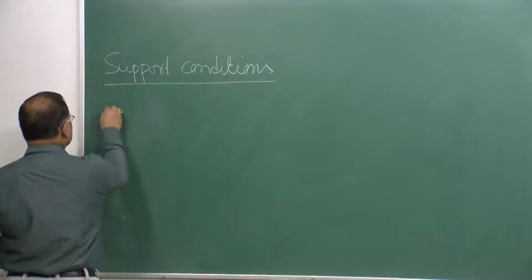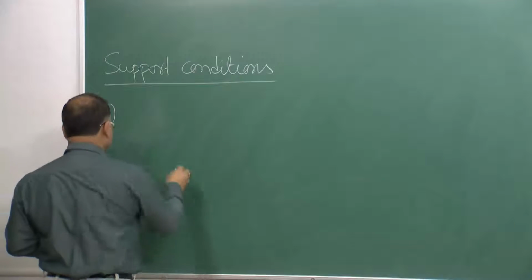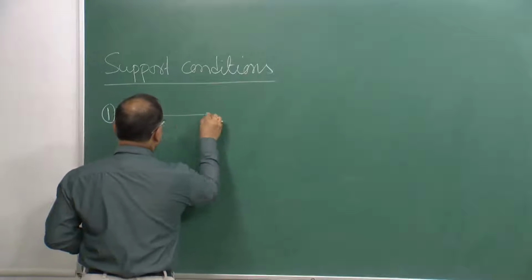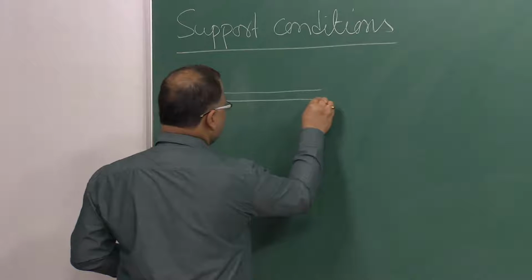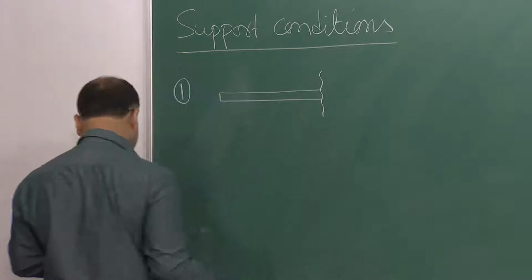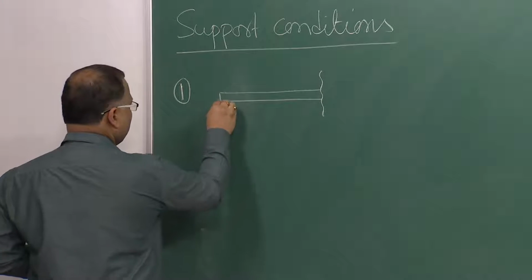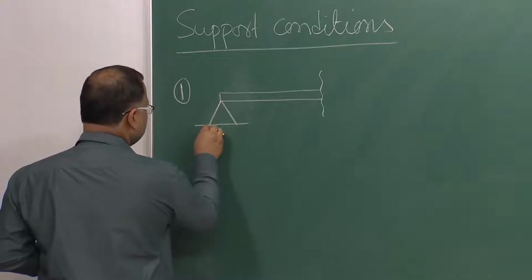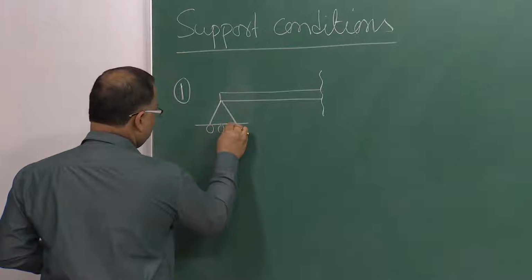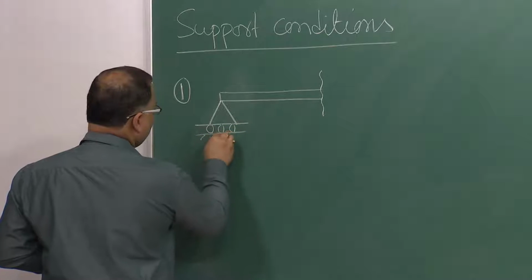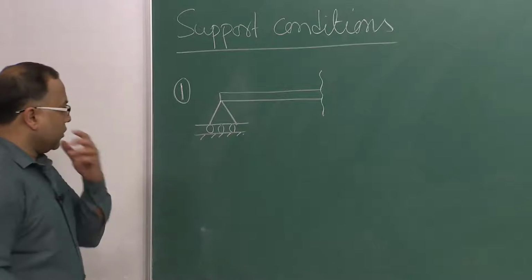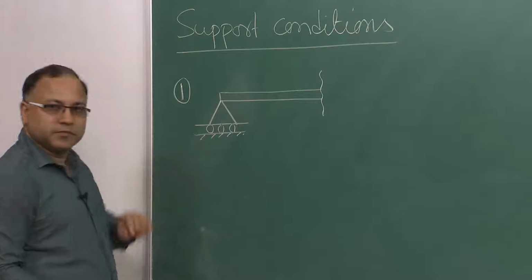First one: suppose I have one beam which is supported like that. These are rollers.